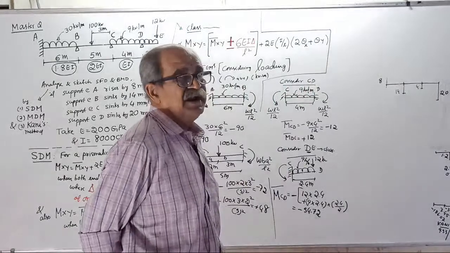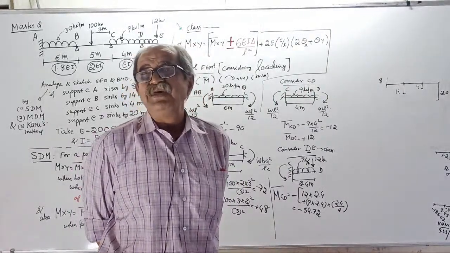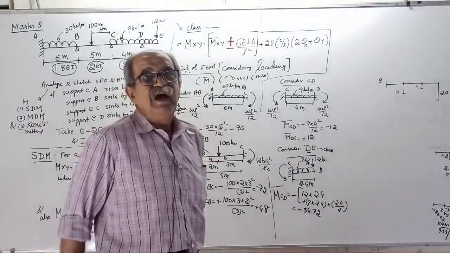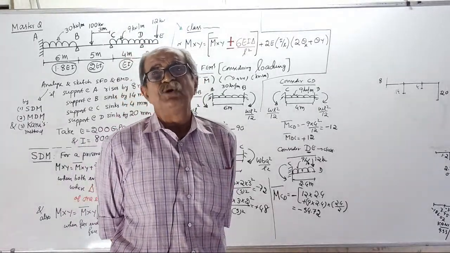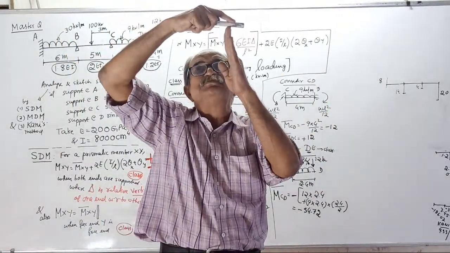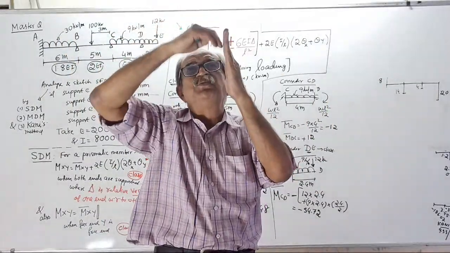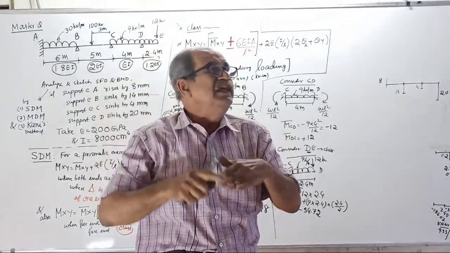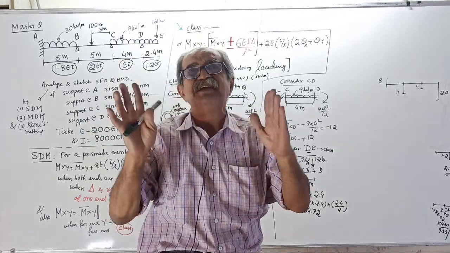Now, make a note. Analysis of continuous beams with support settlement. Before I start, I already told you what support settlement is. When a beam is resting on a support, practically no support is 100% rigid.